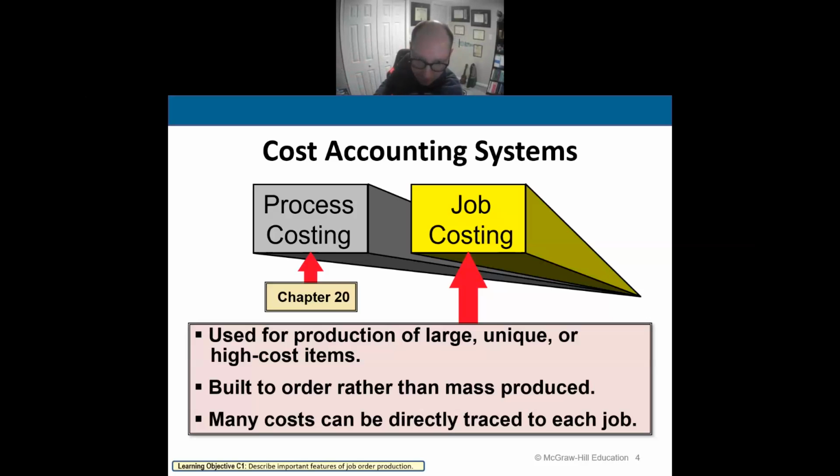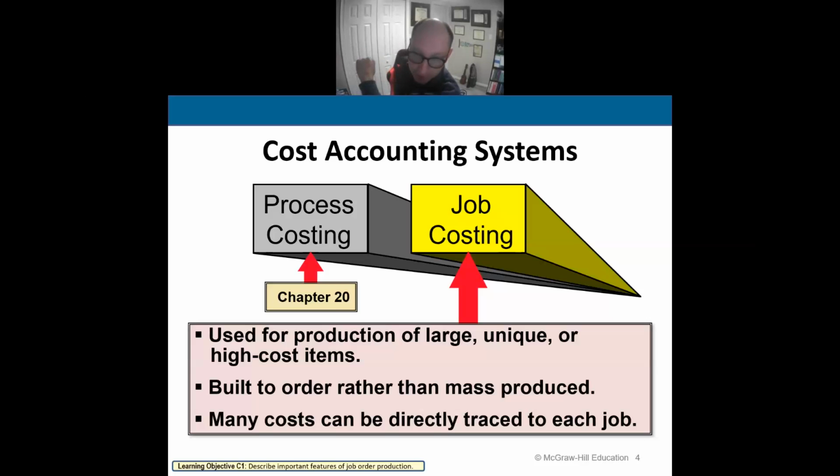And a lot of it's the same, right? Vanilla, chocolate, vanilla again, chocolate again. It's all the same stuff. That's made based off of process costing. It's continuous. It's homogeneous, meaning the same thing over and over and over again. They call that process costing.